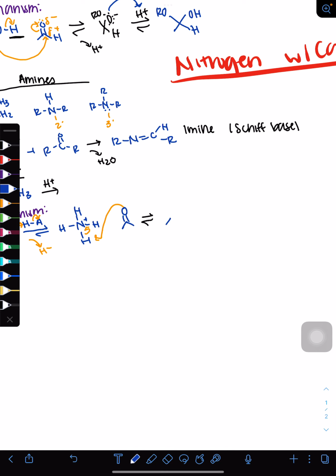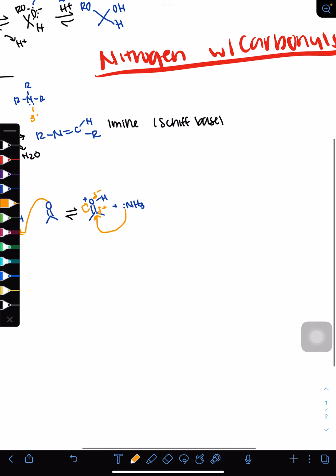And if we keep going, so now we have this, and then this oxygen has a positive. We're back to having this NH3. These bonds are going to be attracted to this carbon because it's delta positive, and then this oxygen is delta negative. And then this double bond will go back to its oxygen.